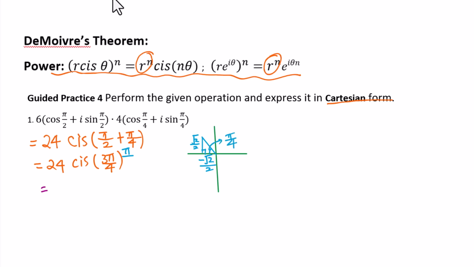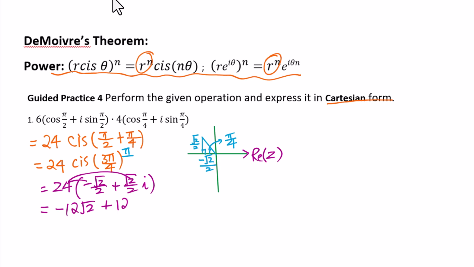So we get 24 times the real part of z, negative square root of 2 over 2, plus square root of 2 over 2 i. Distributive property: negative 12 square root of 2 plus 12 square root of 2 i.